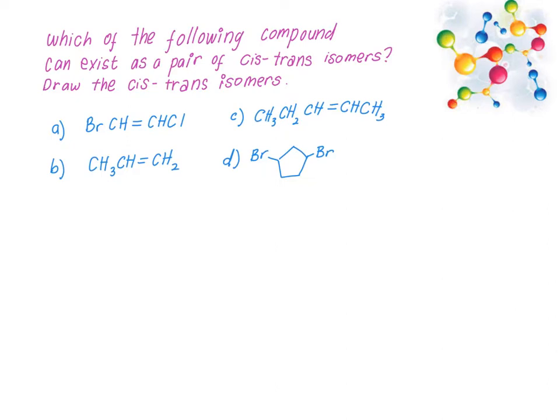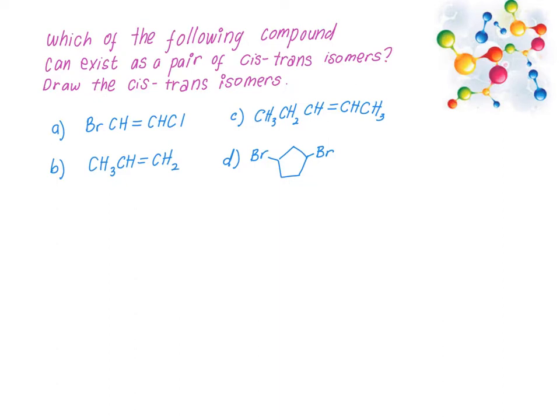The question asks which of the following compounds can exist as a pair of cis-trans isomers, and if it can, you have to draw the cis-trans isomers.